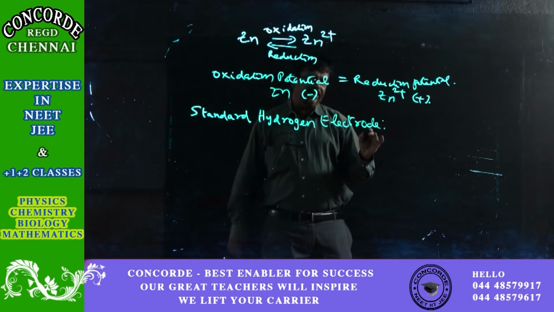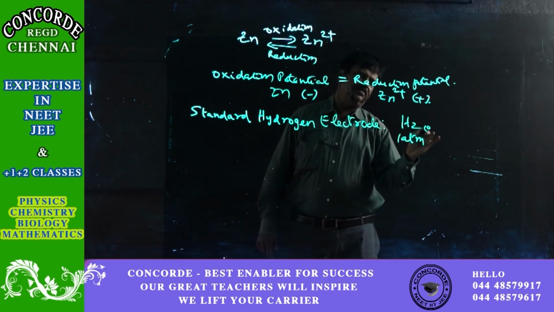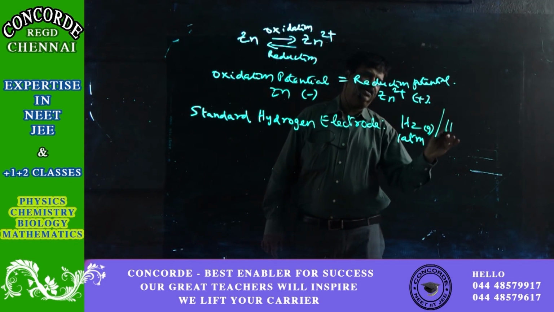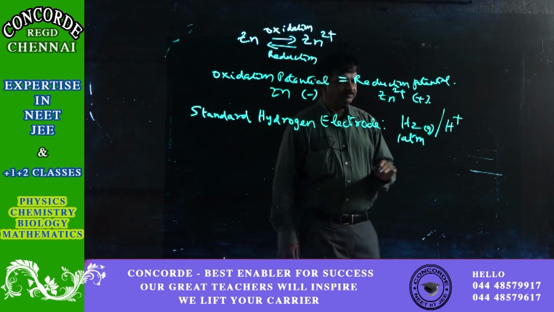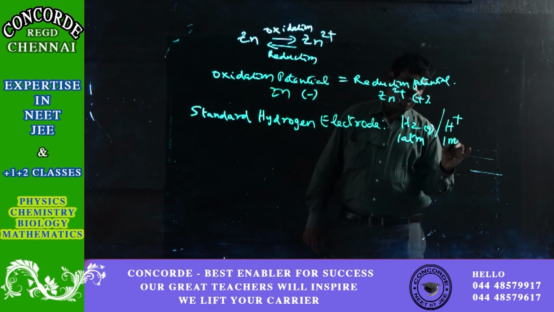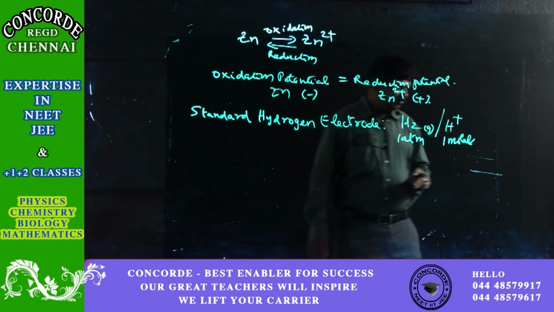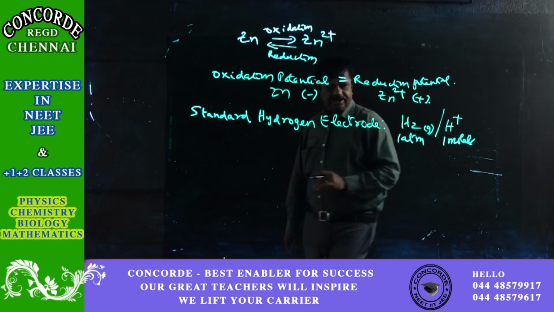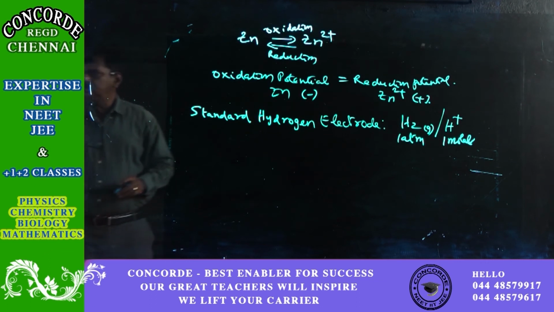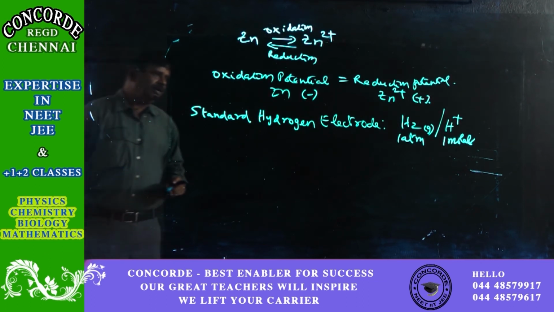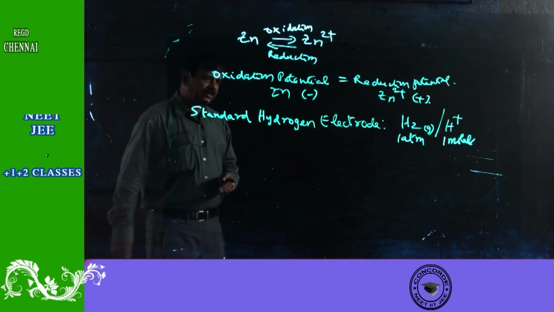Here hydrogen gas at 1 atmospheric pressure is getting converted to H plus ion, in a 1 molar solution, 1 M of HCl. Hydrogen gas is getting converted to hydrogen ion, the standard hydrogen electrode.